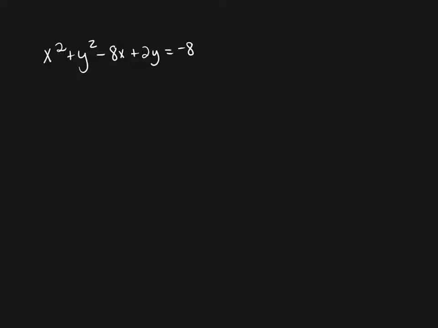Now remember, guys, that we are always keeping in the back of our mind this idea that the equation of our circle has to look like this. That's the standard equation. So whatever we're given, we have to make it look like this.